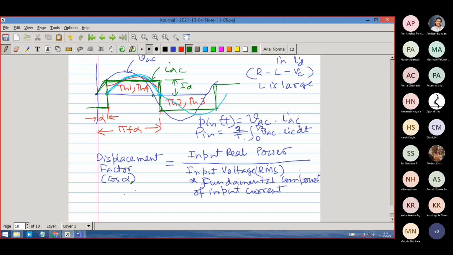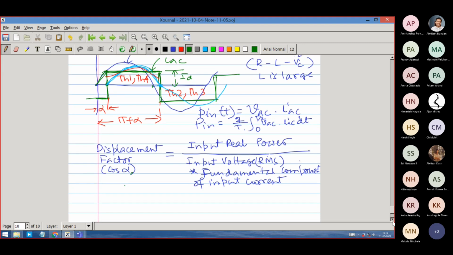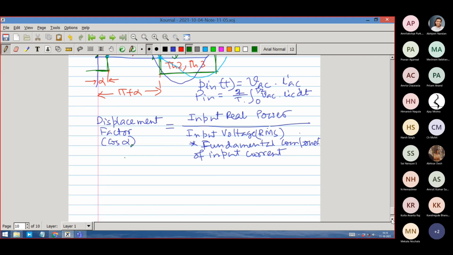So, displacement factor. We already know the input real power, whatever may be the current waveform. From our network understanding, if the voltage waveform is sinusoidal and the current waveform has a lot of harmonics, not only the fundamental component but other harmonic components, what is the power?